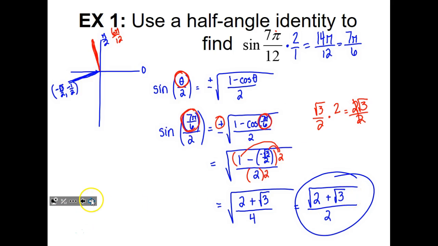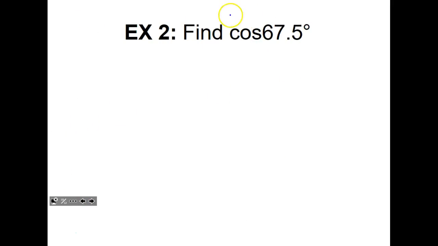Okay. All right, so let's do this one. This one has to be done using a half angle because there's nothing on the unit circle we can add or subtract to get 67.5. So if I doubled this, if I multiplied it by 2, what will I get? 135.